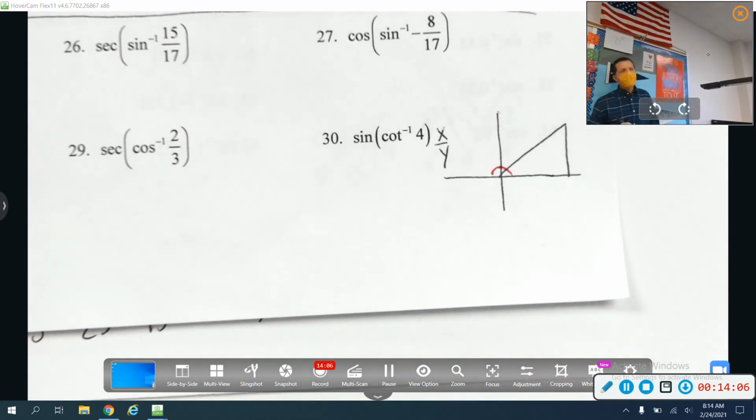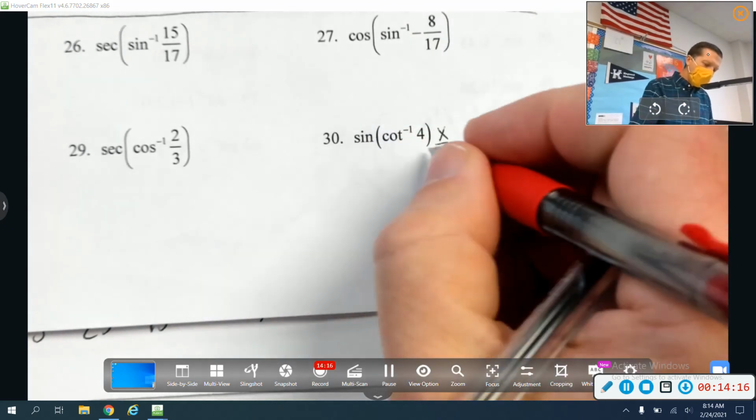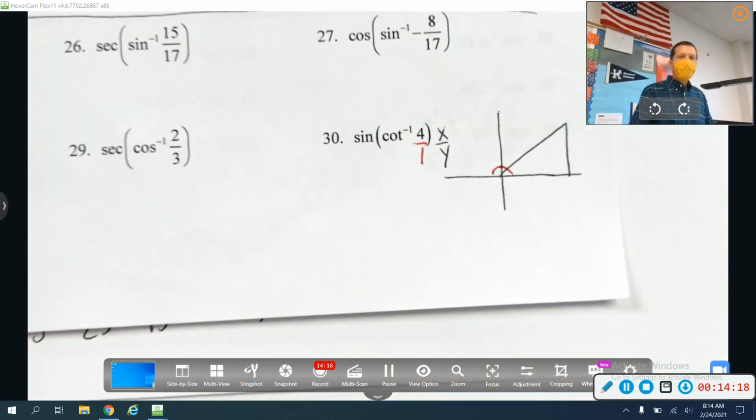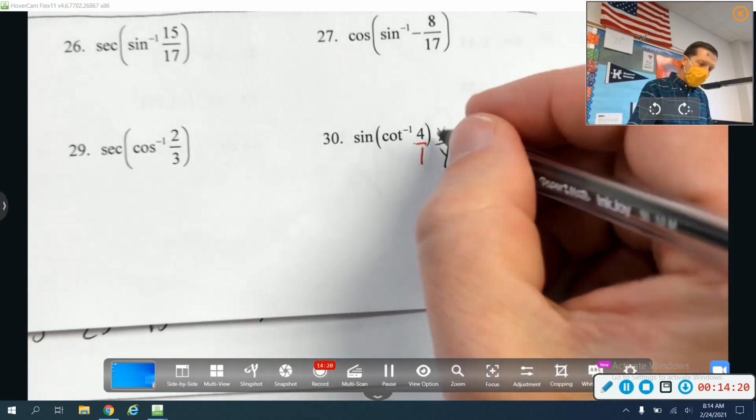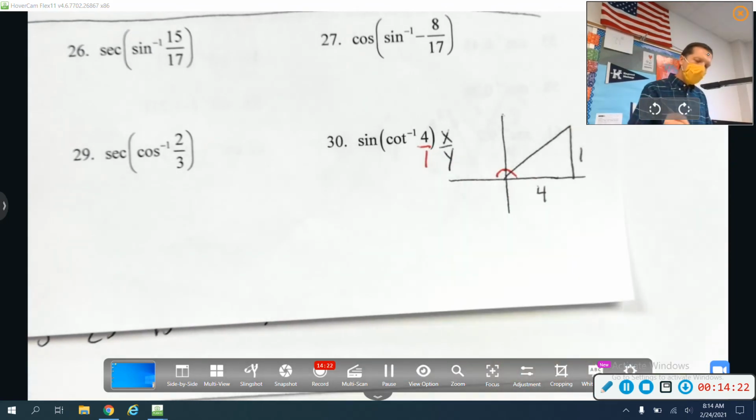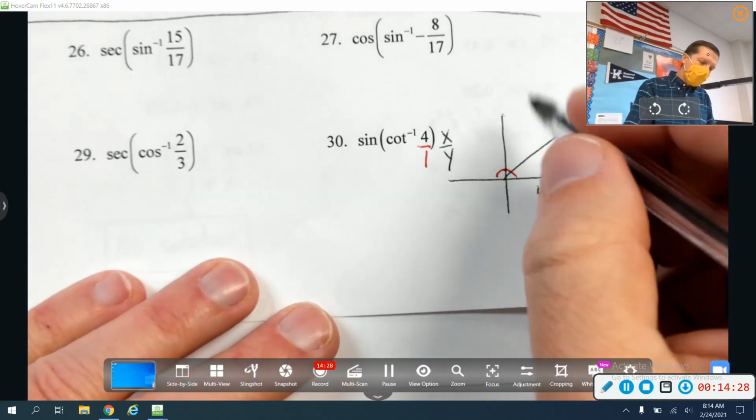So how am I supposed to do this if there's just a 4 there? It's not a fraction. Yeah, make it 4 over 1, and then you can line up things. So if you get one that's not a fraction, well, make it a fraction by putting it over 1. So x is 4, y is 1. And then a squared plus b squared equals c squared.